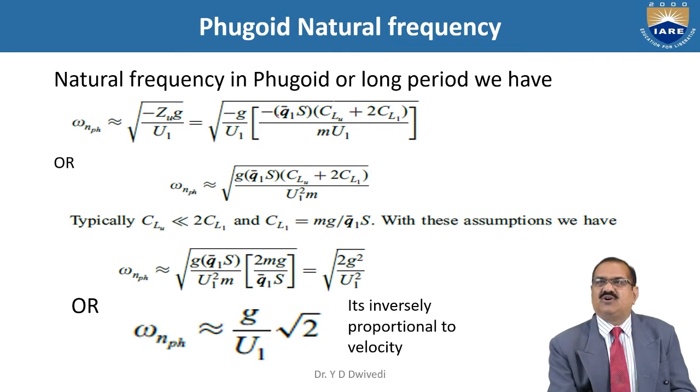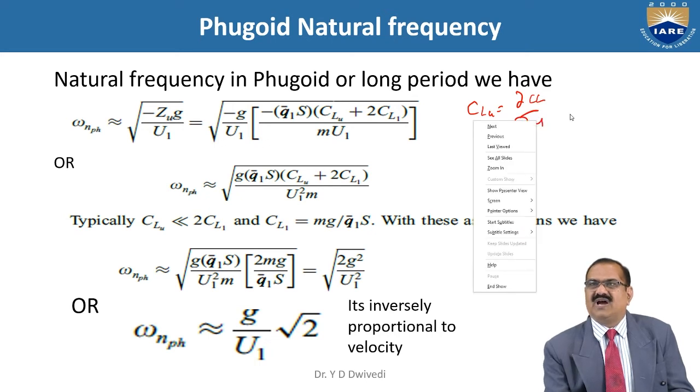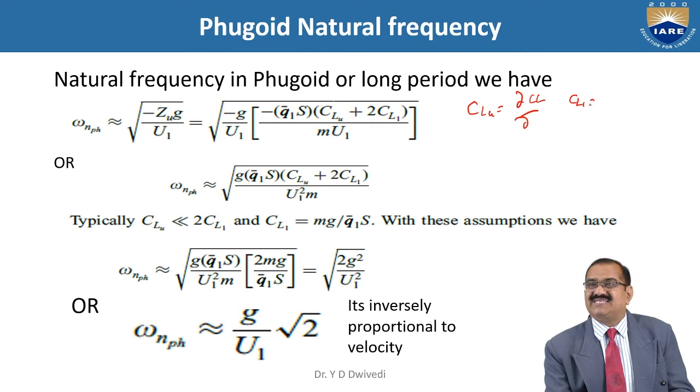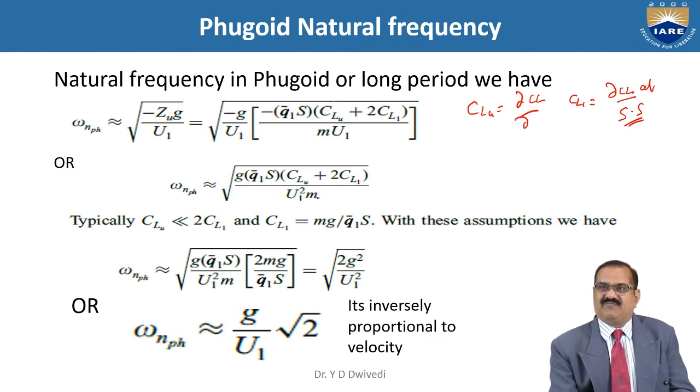Here Zu is equal to minus Q1 S (CLu plus 2 CL1), where CLu is dCL by du, and CL1 is the lift coefficient at the steady state condition. So omega n phugoid is equal to the square root of g Q1 S (CLu plus 2 CL1) divided by U1 squared m.